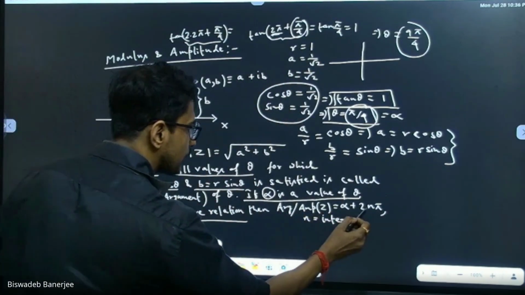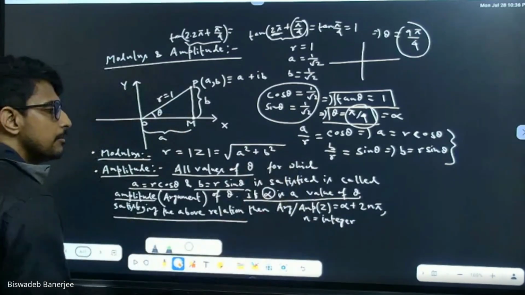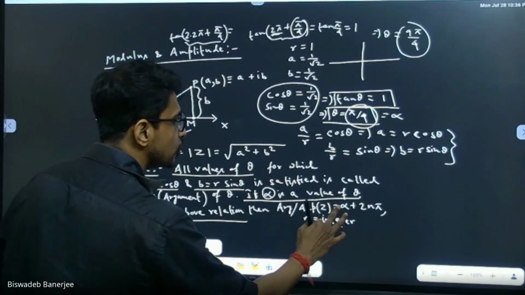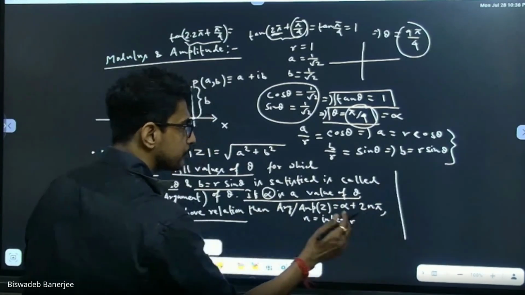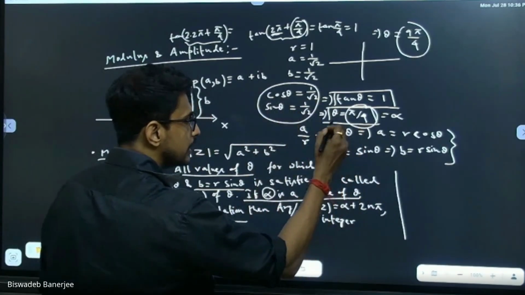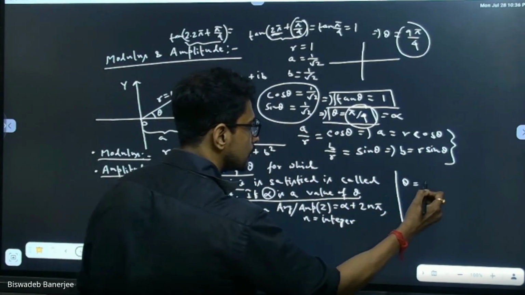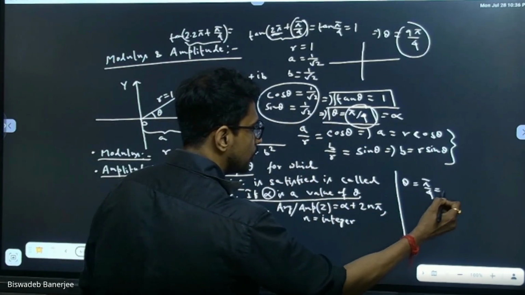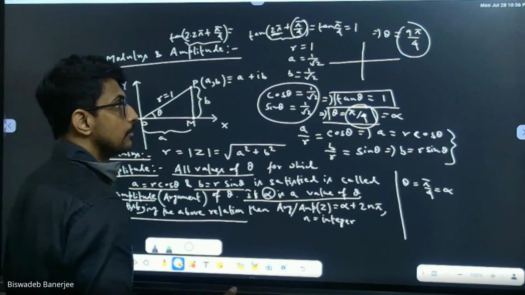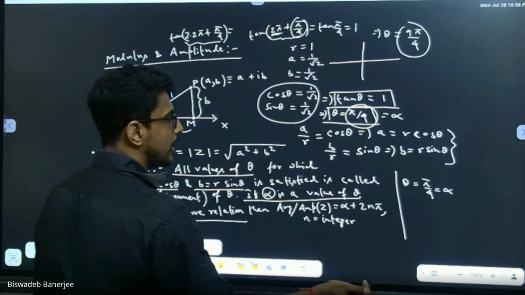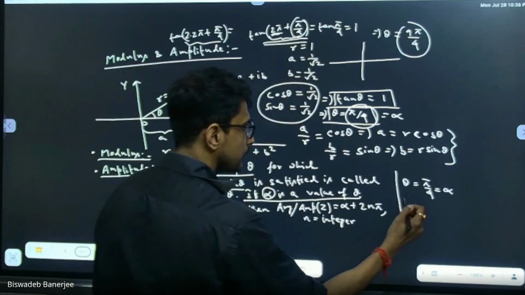So if we put n equal to 1, my another value of amplitude will be alpha plus 2 pi. Let me again repeat: in this example, my first value of theta becomes pi by 4, and we have denoted this by alpha. If this is my amplitude, my another value of amplitude is 2 pi plus pi by 4.